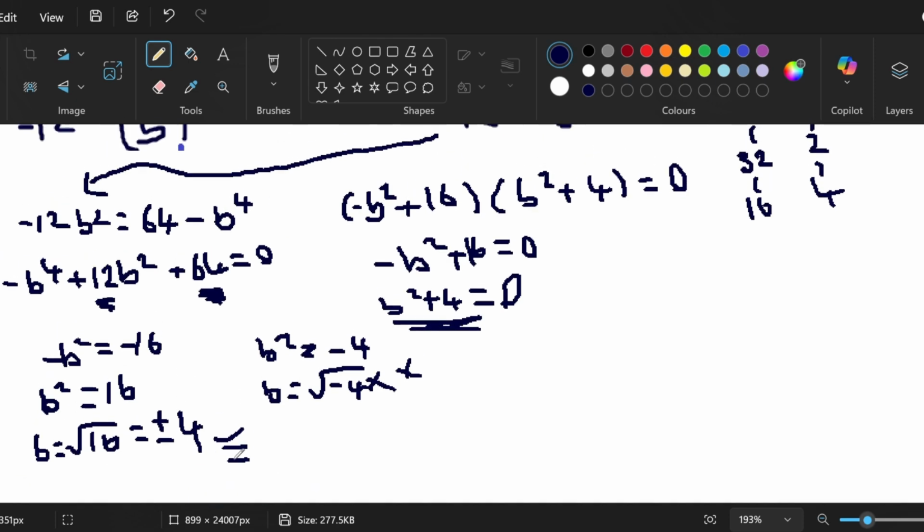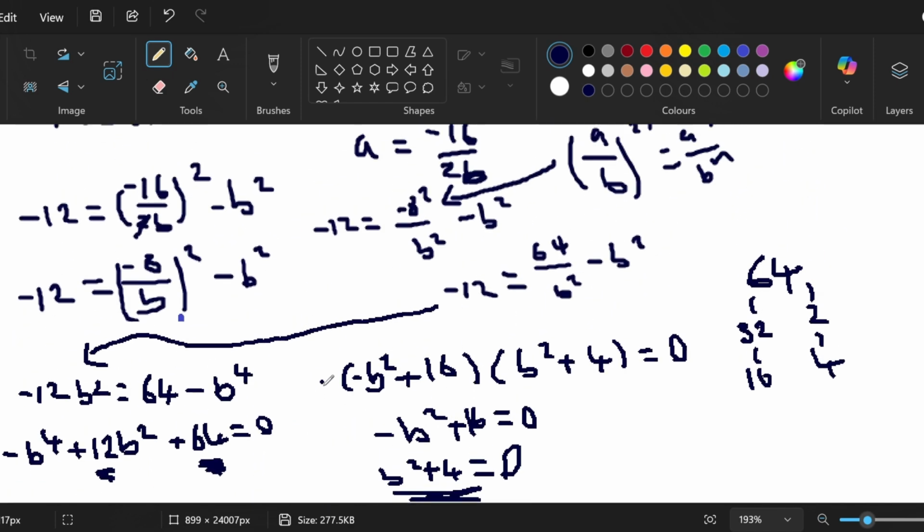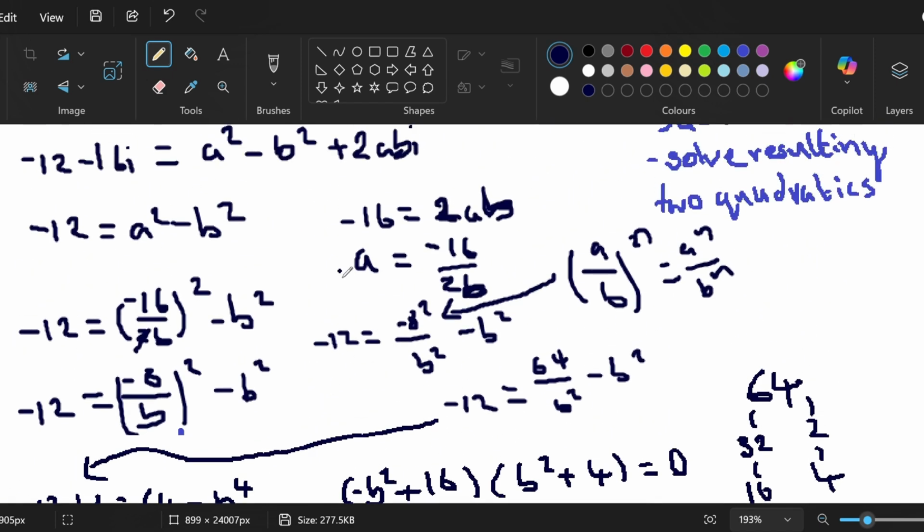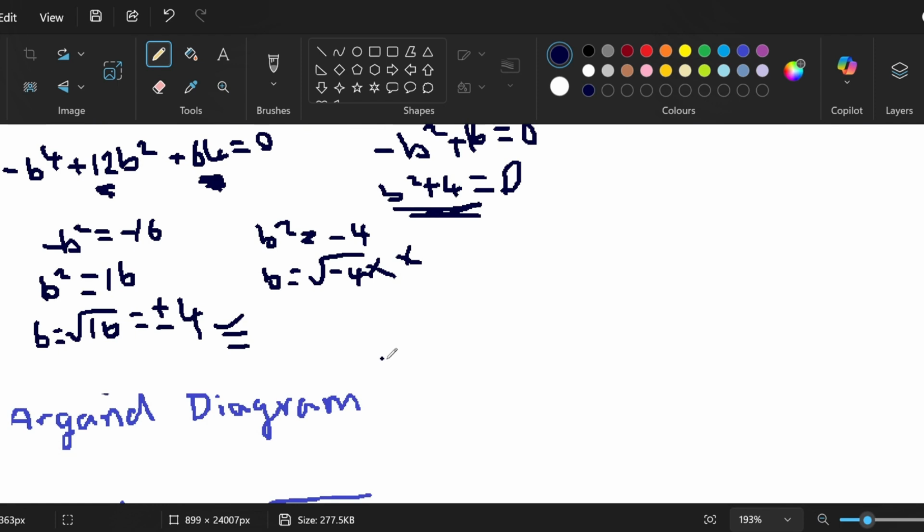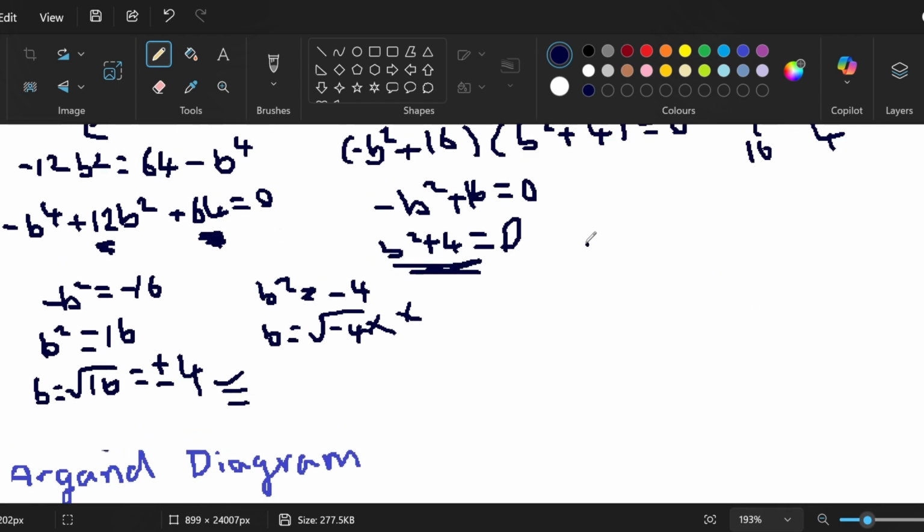So now I have two values for b, and I can use those to solve for a. I already have an expression for a, if you remember. All the way up here, I said that a was equal to minus 16 over 2b, or minus 8 over b. So I'm going to write out my two solutions here.